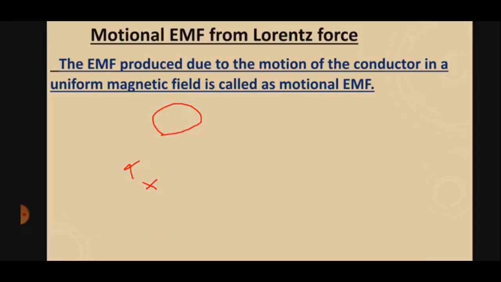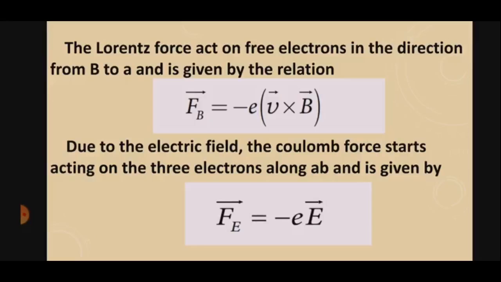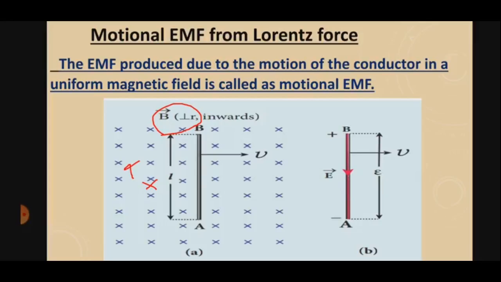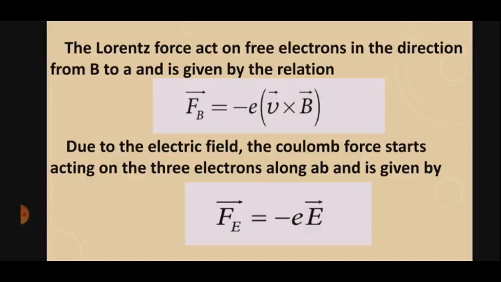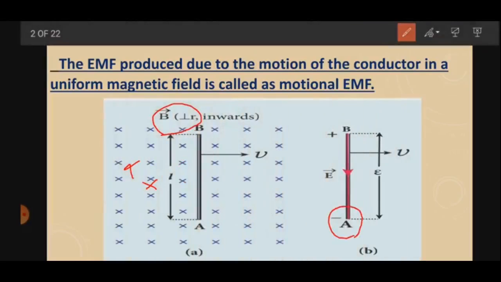Now see the diagram. Because of the electric force, all the electrons flow in one direction and accumulate at end A. So end A becomes more negative, and end B becomes more positive.